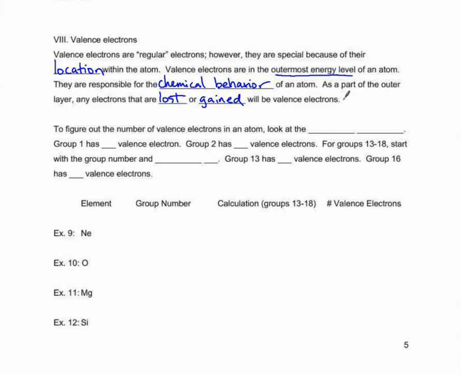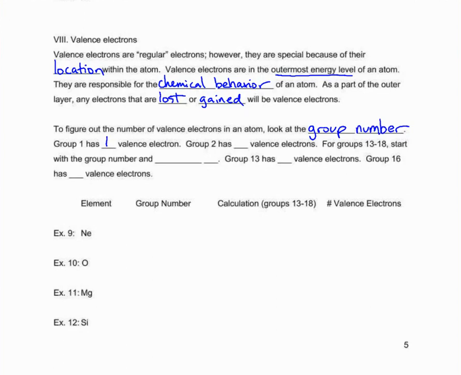To figure out the number of valence electrons in an atom, we're going to look at the group number. Group 1 has 1 valence electron.